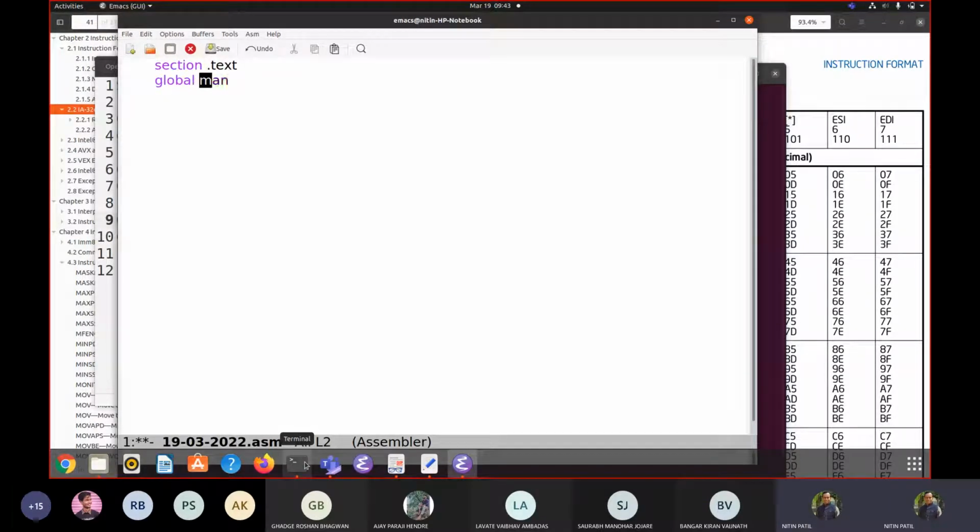Global. Now I am not taking any memory here. By the way, I will use only registers. So main: move EAX comma in bracket EBX. So add EAX comma EBX. So let me take this.